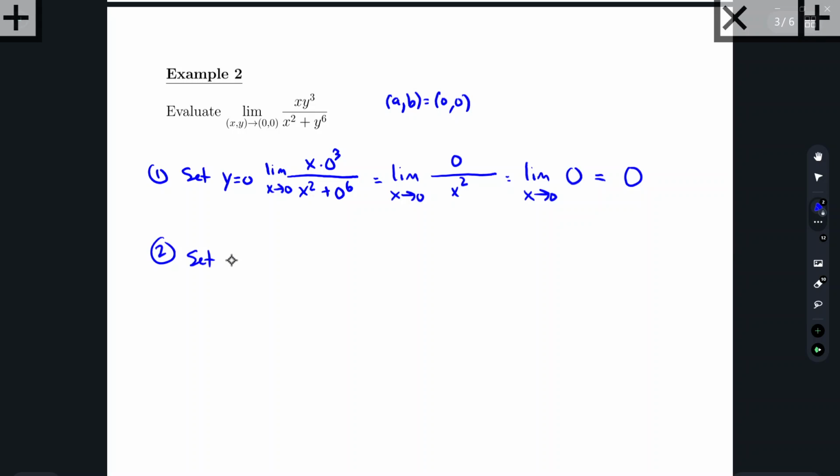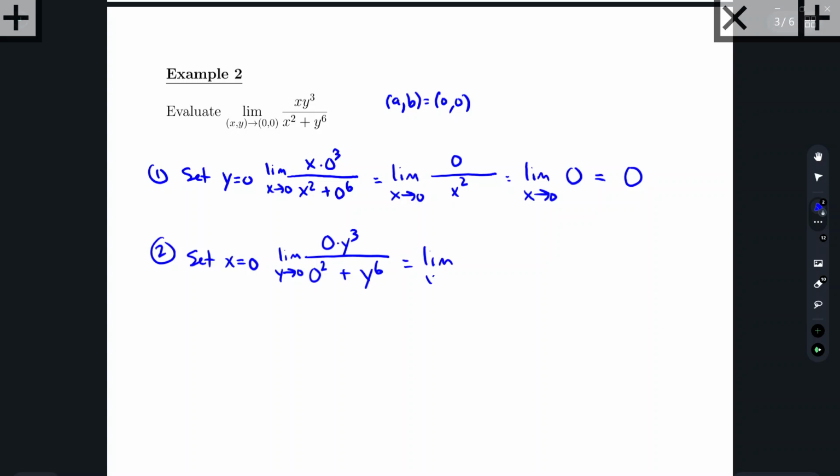So now we continue. We set x equals 0. So what does that look like? So 0 times y cubed over 0 squared plus y to the 6th. It only contains the variable y now, so this is a single variable limit.